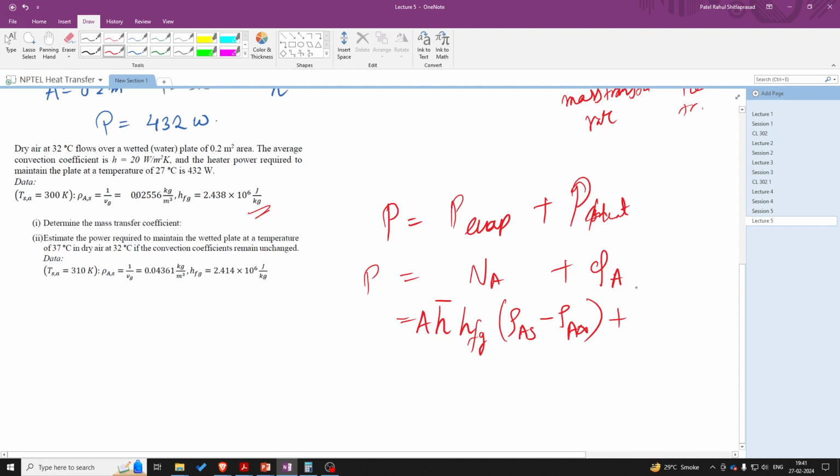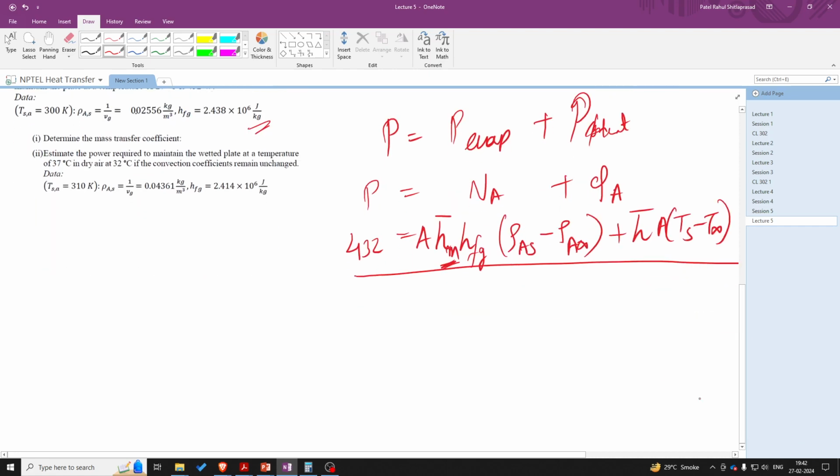Similarly, the convective heat transfer will be h-bar A delta T, where h-bar is the heat transfer coefficient. This is the mass transfer coefficient h_m, area, and the temperature difference, that is temperature of surface minus temperature of the dry air. And power we have been given as 432 watt. So you can replace the values in this equation and try to find h_m.